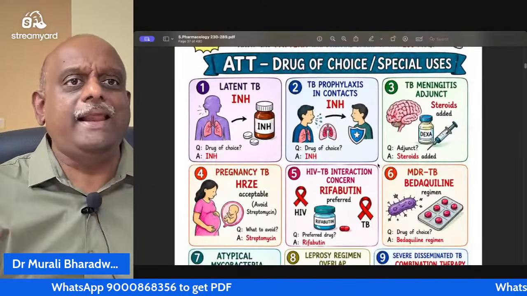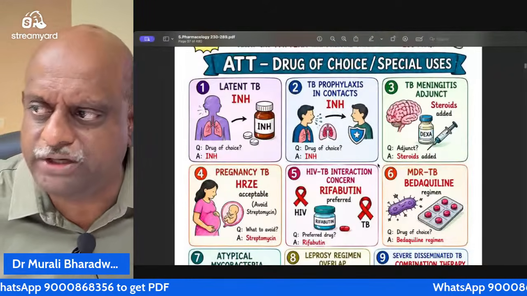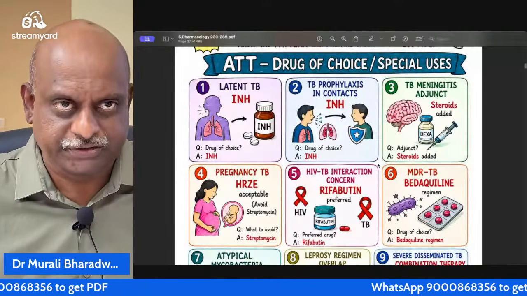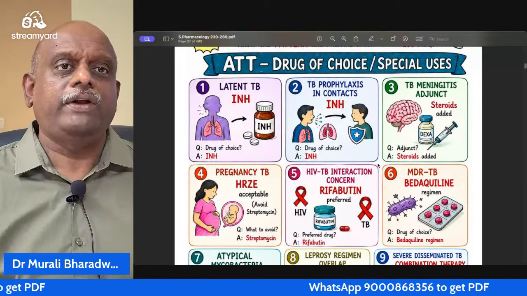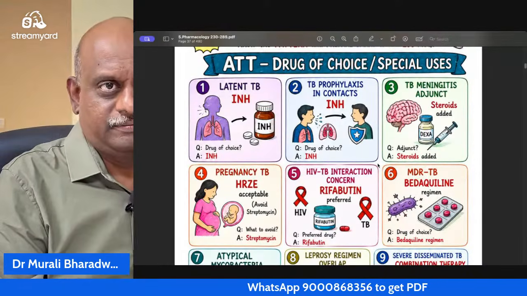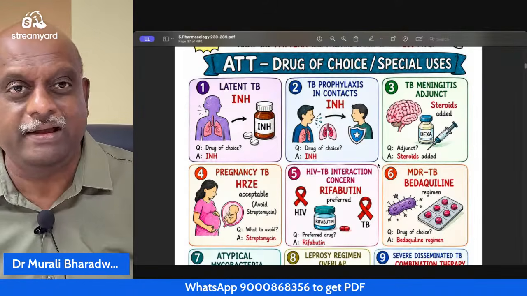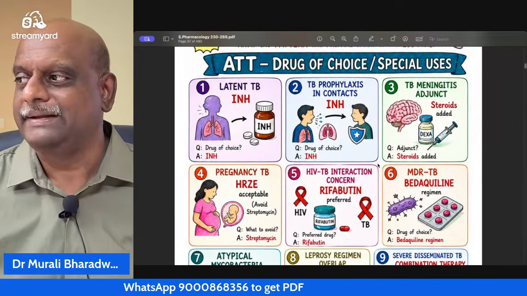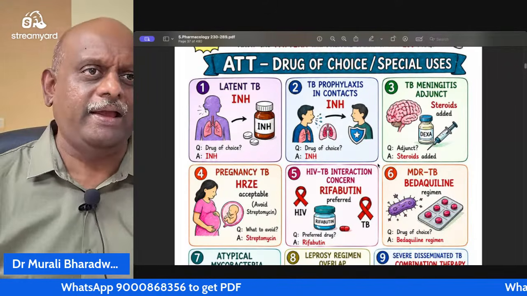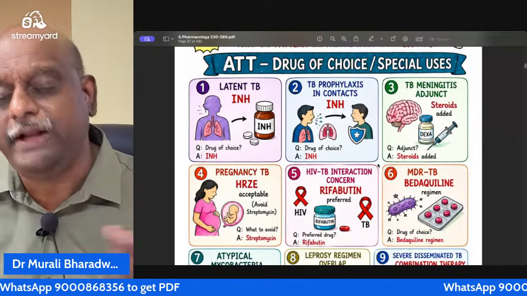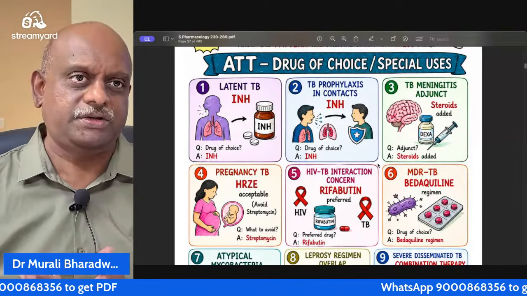So whenever there is latent TB, what is the drug of choice, doctor? INH. Whenever there is contact with an open case of TB, INH. In TB meningitis, not only ATT, we need to add steroids.